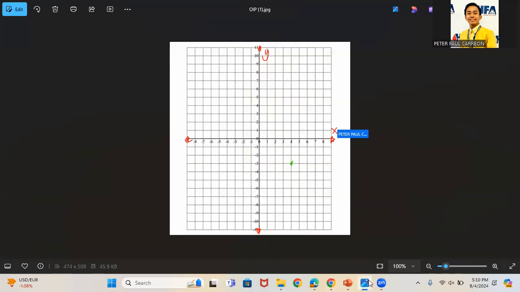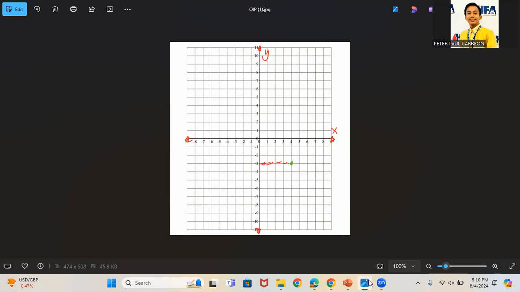So we will move, I'll use another color, 4 units from the center so that it will touch the y-axis. I think this is exactly 4 units. So that's the imaginary line that we could draw.